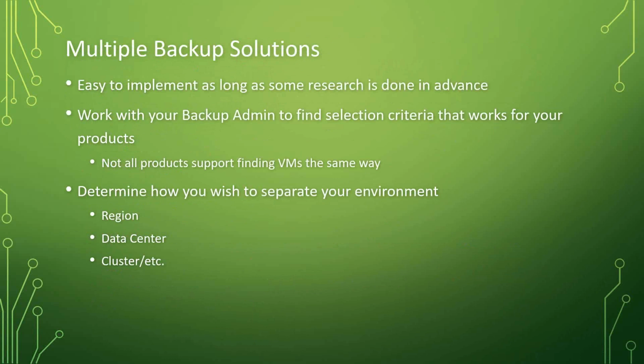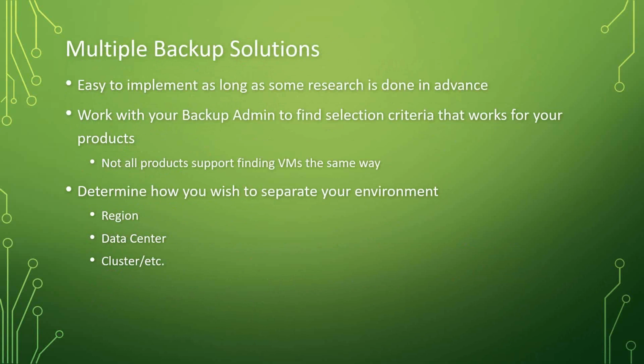Large companies, or companies that tend to acquire other companies, may end up having multiple solutions in their environments. Now, it's easy to implement multiple backup solutions in an environment as long as you take into consideration the limitations of each product and account for those.